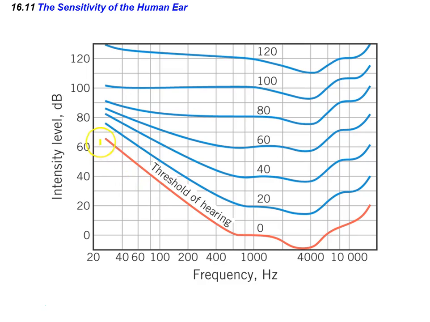And so this curve kind of denotes that, okay, a frequency of 40 hertz, we can't hear it unless it's up at an intensity level that's close to 60 decibels. At its core, the 40 hertz is a pretty low frequency and tough for us to distinguish.